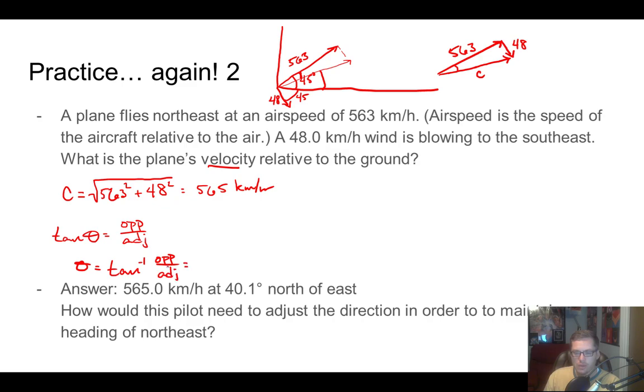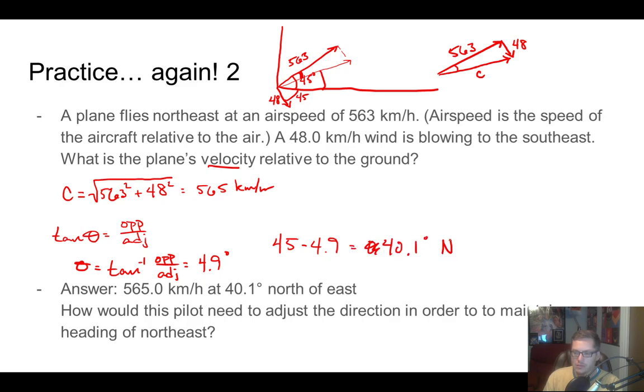If we plug that into our calculator, make sure you set it to degrees, because we're worrying about degrees here, you'll get something around 4.9 degrees. Now remember that 4.9 degrees, that's this value right here. But we don't want that value. We need this value, so we're going to subtract it from 45.